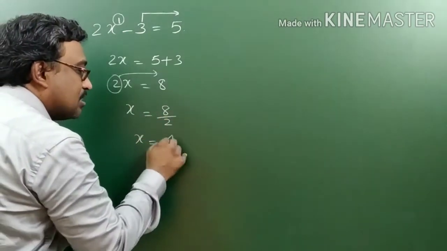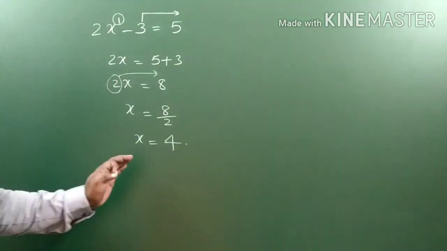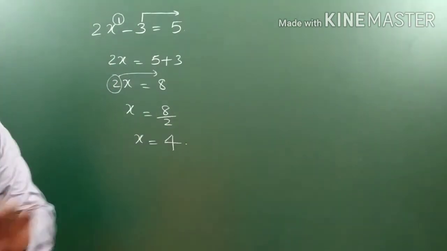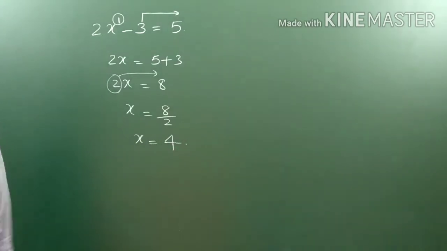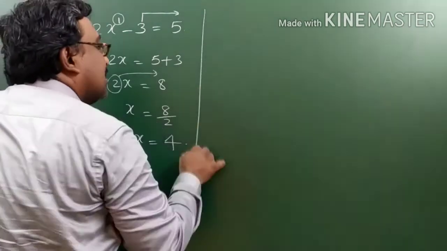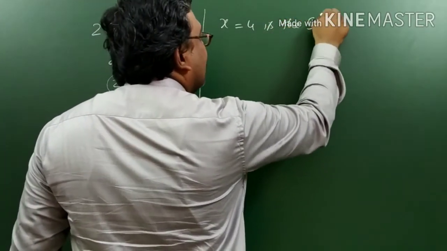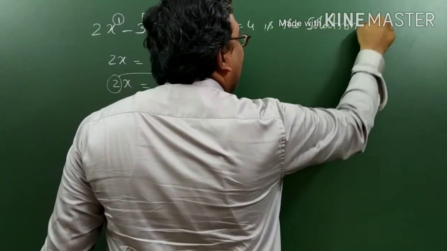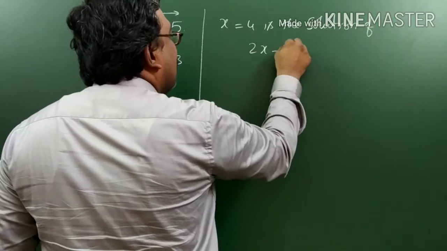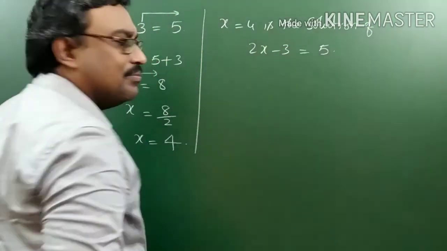The x value is 4. What is the meaning of this? x is equal to 4 is the solution of 2x minus 3 is equal to 5.